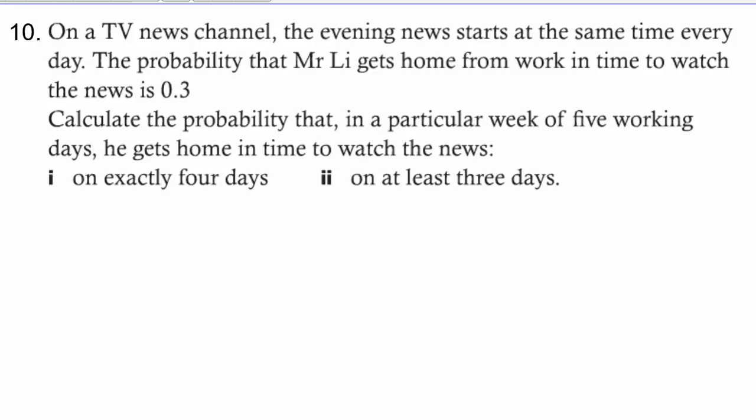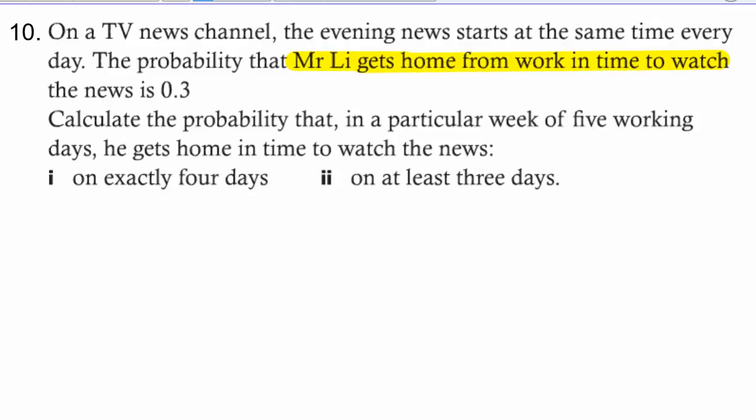All right. Last question. On a TV news channel, the evening news starts at the same time every day. The probability that Mr. Lee gets home from work in time to watch the news is 0.3.